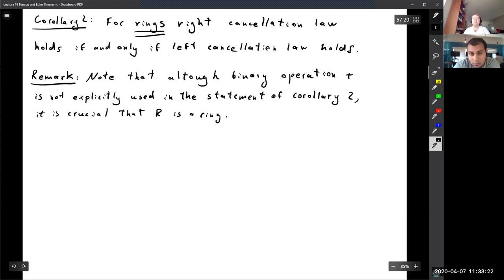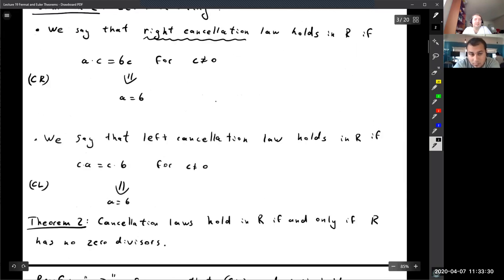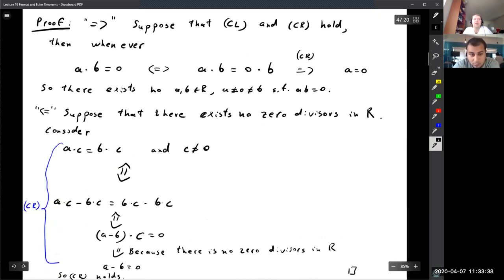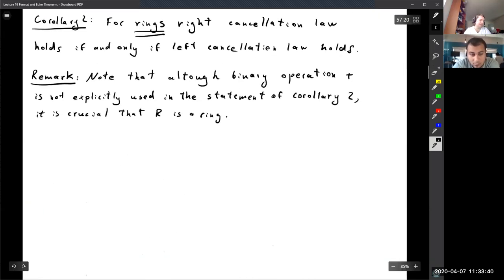And you can see that because we heavily used the addition in the proof. So of course the addition doesn't enter this CL and CR, only multiplication is there, right? But when we actually proved theorem 2, we heavily used the fact that R is a ring.